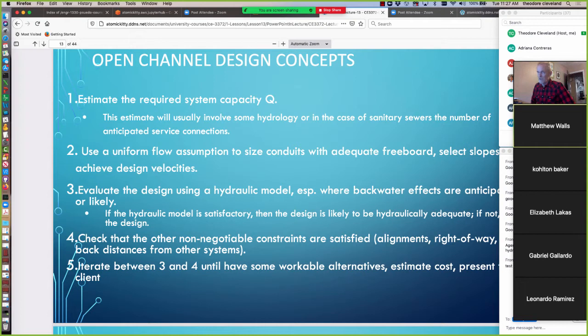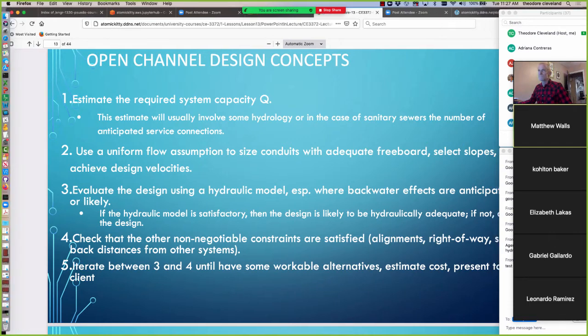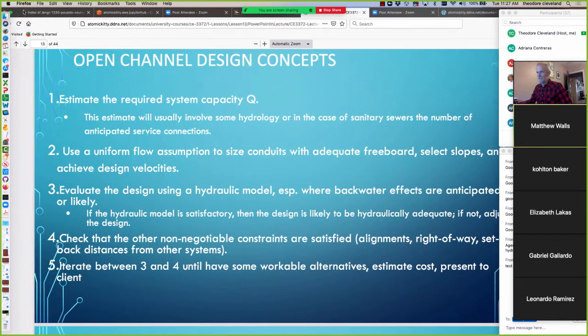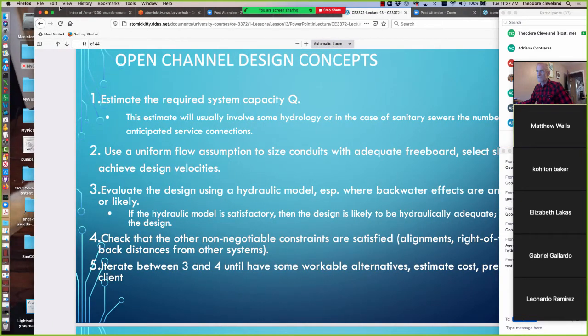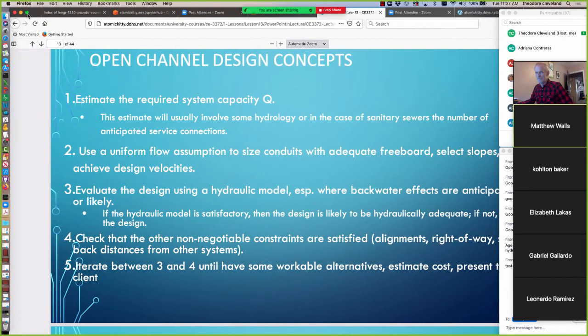You would evaluate your design using a hydraulic model, and it would be especially important if you're working in regimes where there's going to be some kind of backwater. If it turns out the hydraulic model is satisfactory after step 2, then you could conclude that the design is likely to be hydraulically adequate, and if that's not the case, you want to adjust the design to try to achieve hydraulic adequacy.